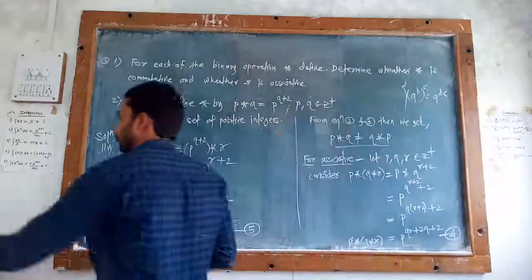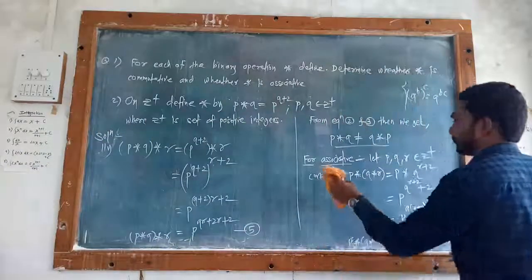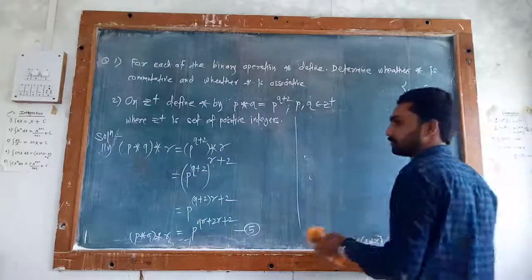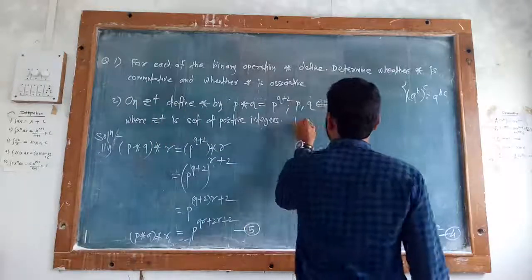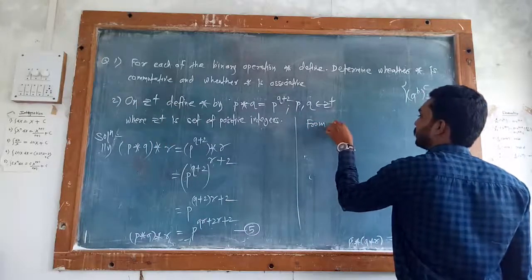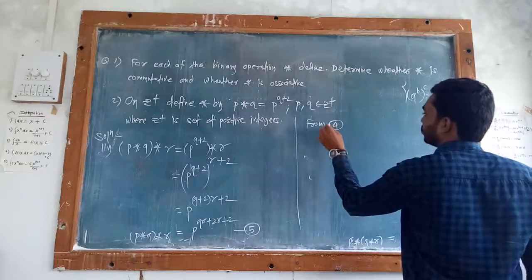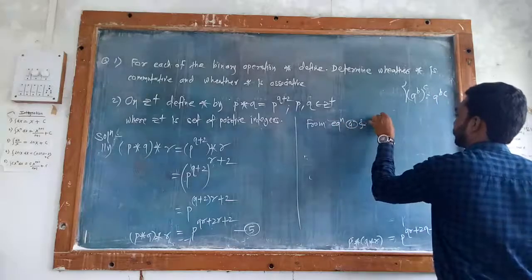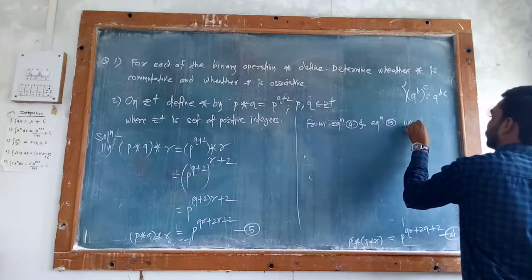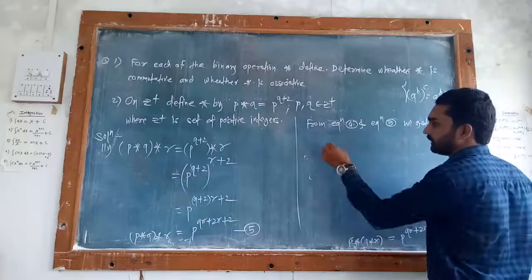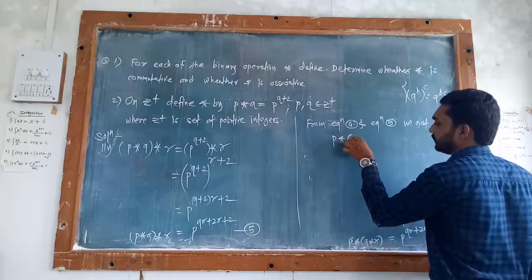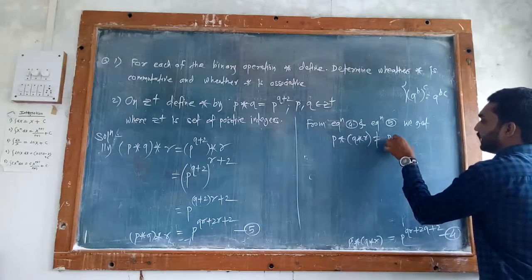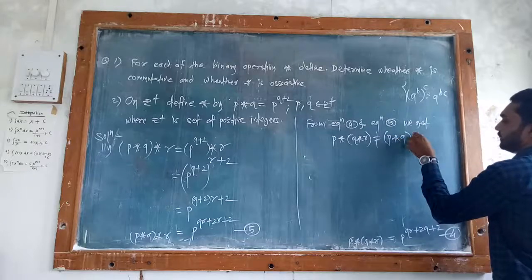Therefore from equation 4 and 5 we get p star q star r is not equal to p star q against star with r.